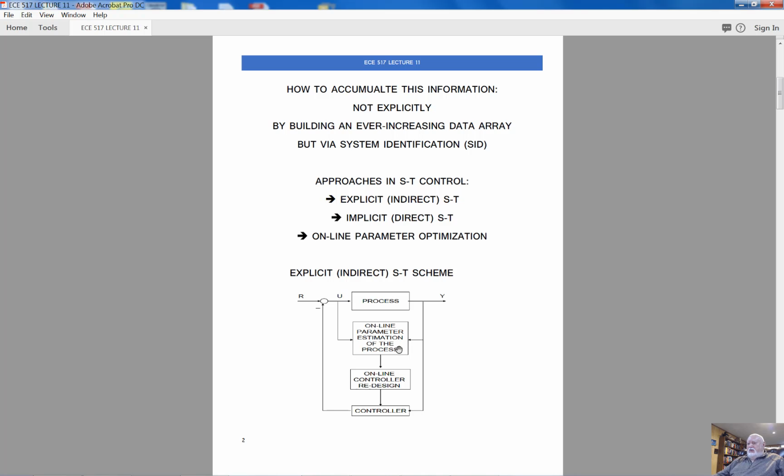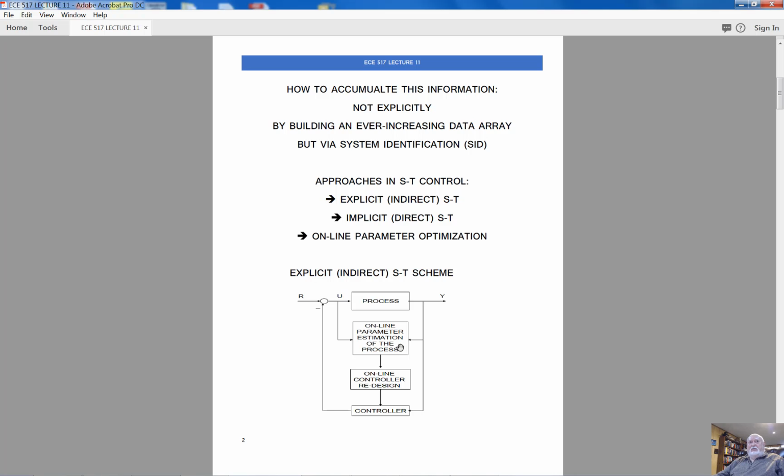and first we use this data array to build a so-called initial model, or base model. But when the system already is designed and underperforms, we use this input-output data for online parameter estimation, or online updating of the parameters of the model.